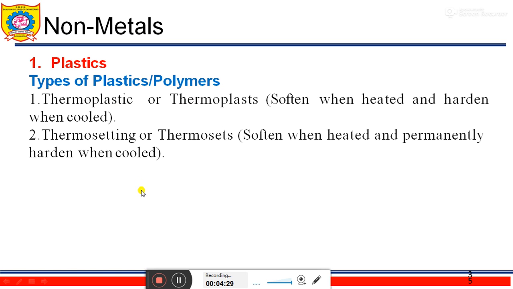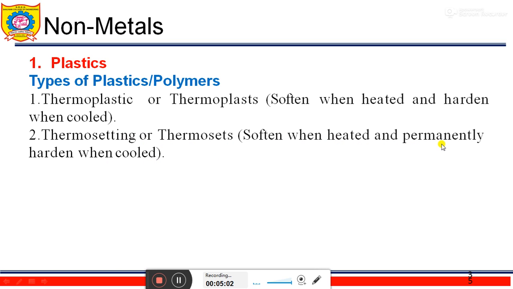Types of plastic or polymer: thermoplastic and thermosetting. What is the character of thermoplastic? They soften when heated and harden when cold. Thermosetting or thermoset plastics soften when heated and become permanently hardened when cooled.